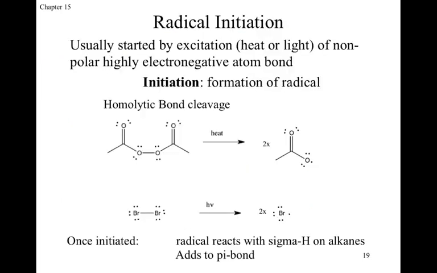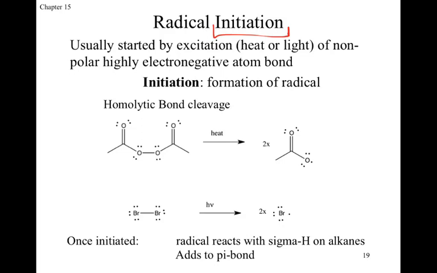So how do we get this started? Well, to get our radicals, we're first going to have to initiate them. So there's always an initiation or a radical initiation for all radical reactions. So you'll see this pop up and you'll look at an individual reaction and be expected to know that that was an initiation step as opposed to one of the later stages.